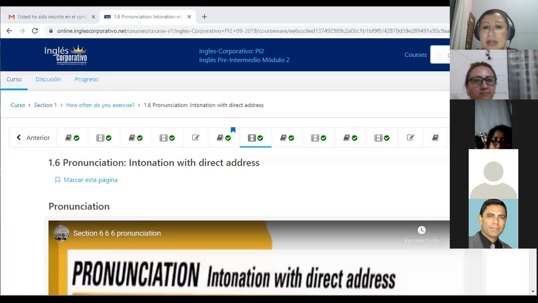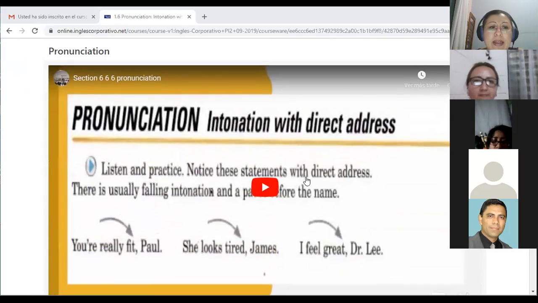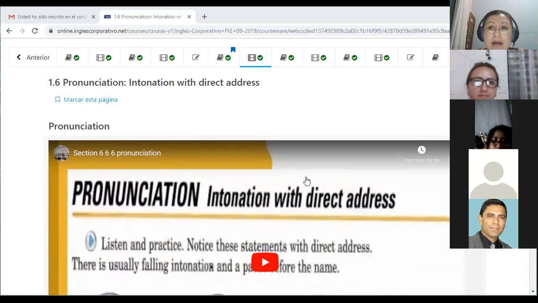So in the platform, just for you to know, I'm going to share, let's see. Okay, let's see the platform and then the presentation I have for you. There in the platform, you have section 1.6, and it says pronunciation, intonation with direct address.